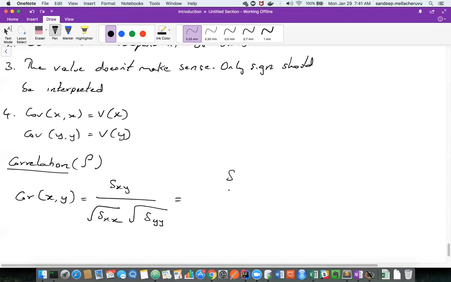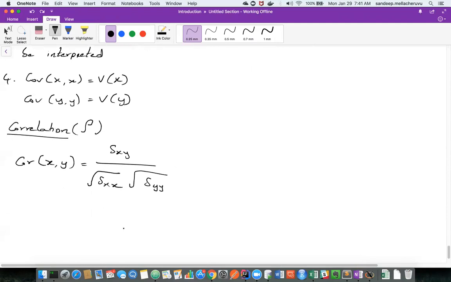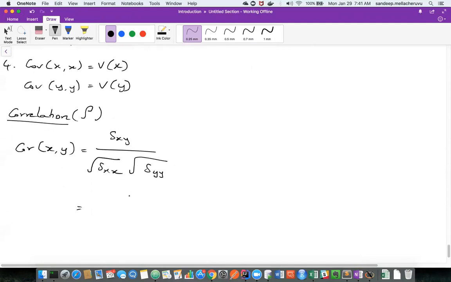Let's see. It will become Sxy by n minus 1, and this entire denominator by n minus 1. This is how it will be.